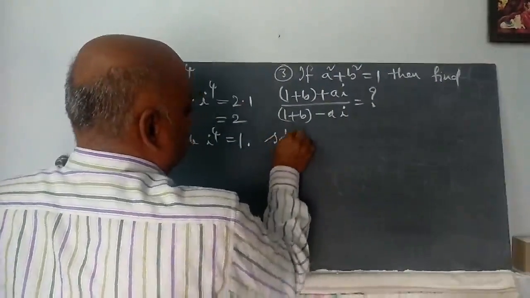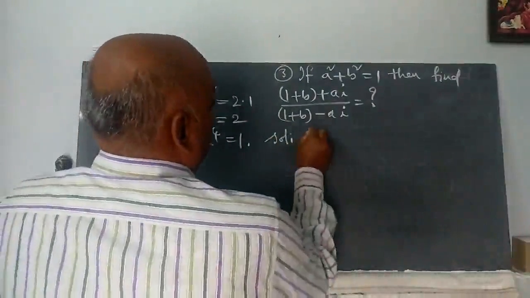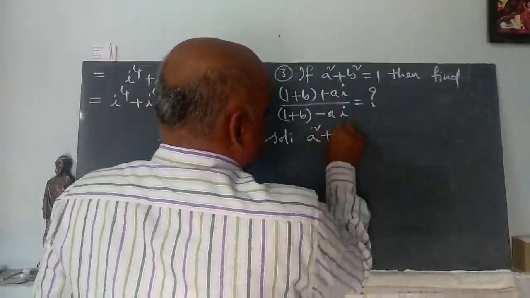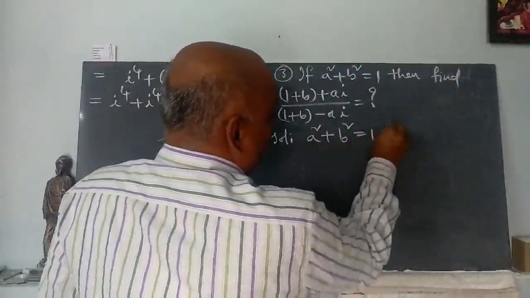Solution. A square plus B square is equal to 1.